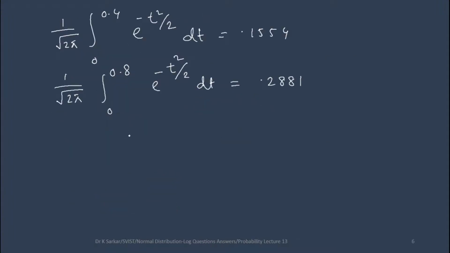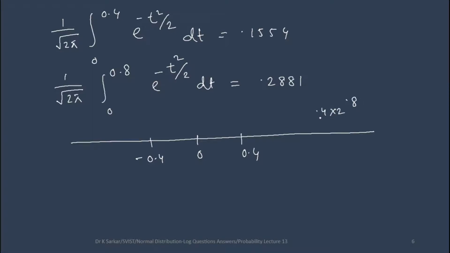So if we draw the number line, let's say this is 0 and this is 0.4, then obviously this is minus 0.4, and 0.8 is 0.4 into 2. So it is double of 0.4. We can take here 0.8 and here it is minus 0.8.